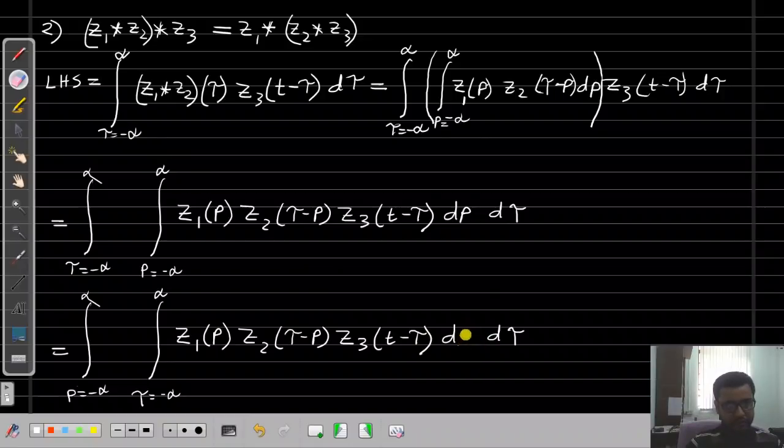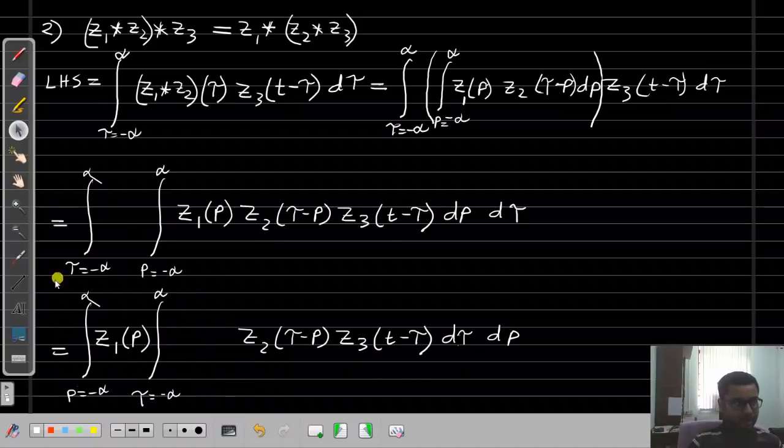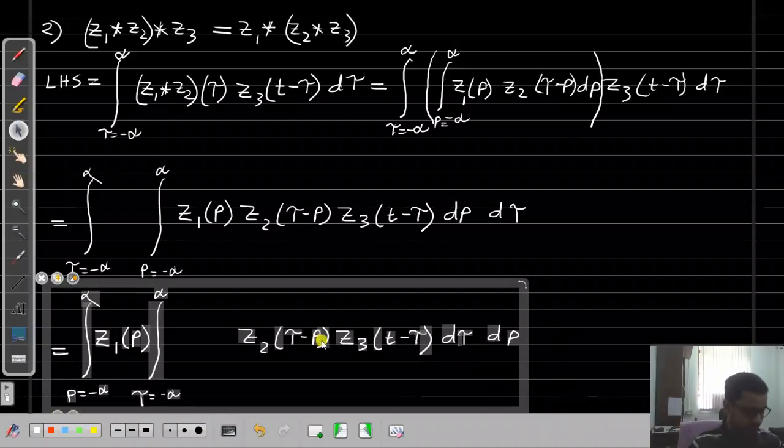Here as well, first tau and then p. But then you see that this is a function of p. So while integrating with respect to tau, this is a constant. So I can take it outside the inner integration like this. Now let me copy this part and go to the next page.